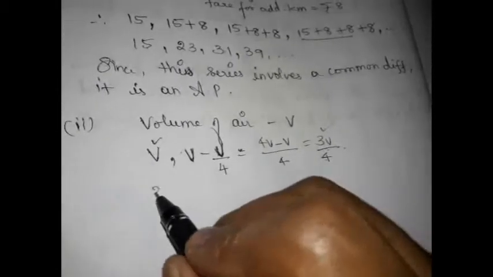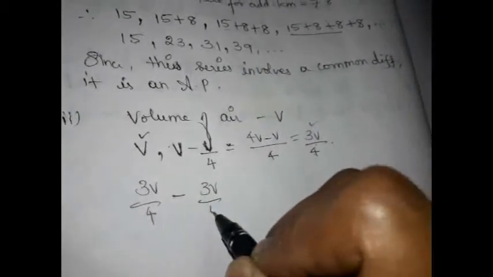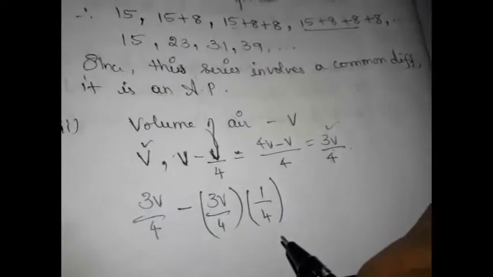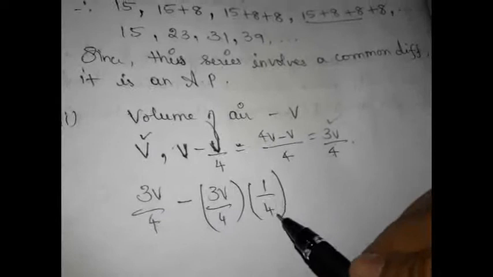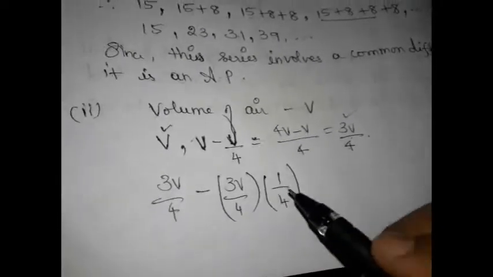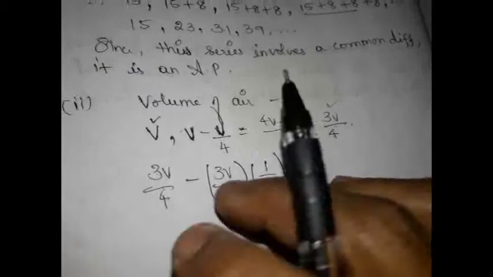So from 3V by 4, how much is removed? 1/4 of 3V by 4. Hope you understood. 1/4 of the actually existing air is removed.